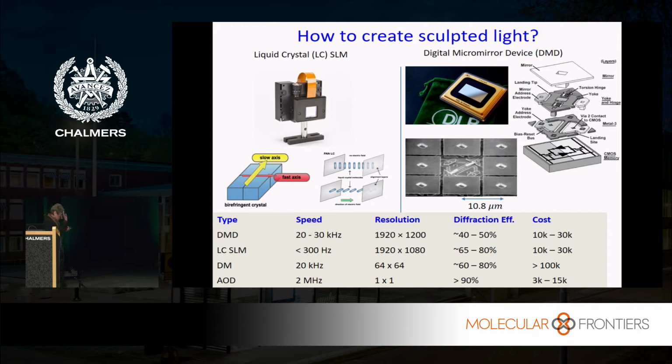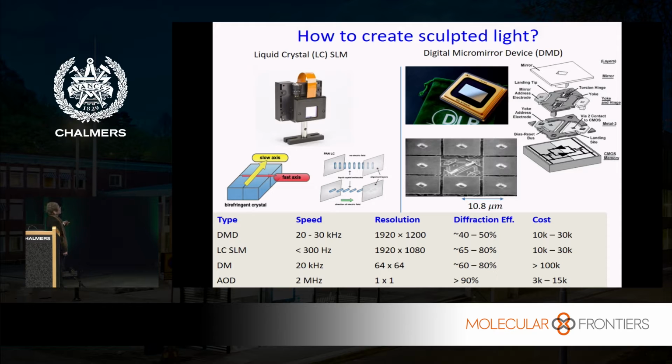If I shine a flat field onto it, in transmission or reflection, I will get the light in the shape I want. And the resolution of these devices is very good, so they are good to look at tiny little happenings, and I'll show you a little bit of that.